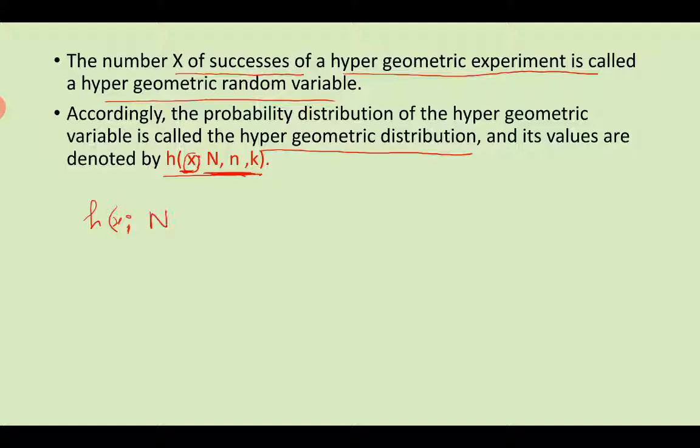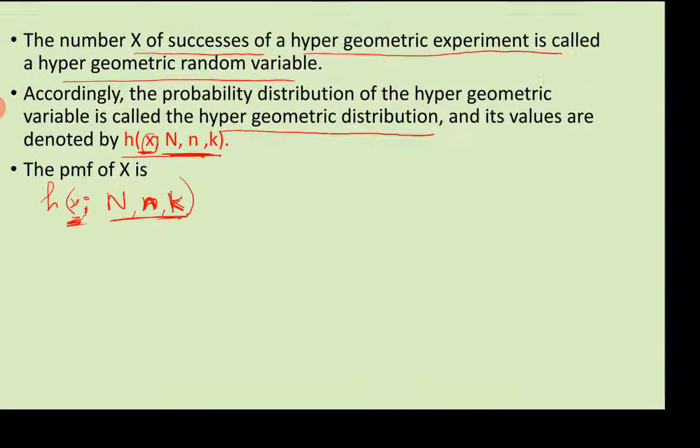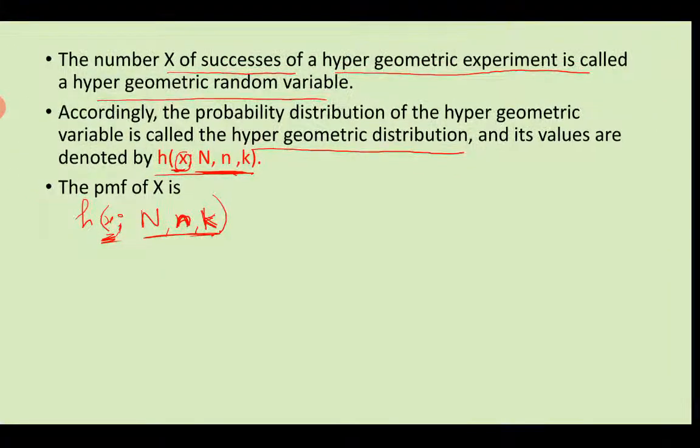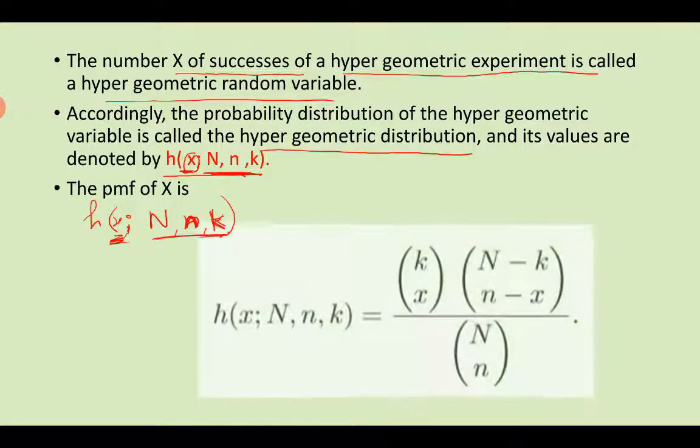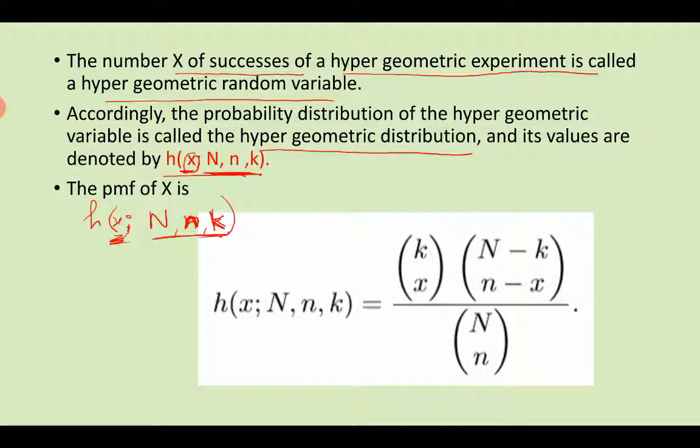The parameters are only three: capital N, the big sample size, small n, the small sample, and k, how many successes there are in the big sample capital N. Only these three pieces of information we want. Then we can find the probability of this x. The probability mass function of x is this one. What is all this? N, and you will get the three pieces of information.